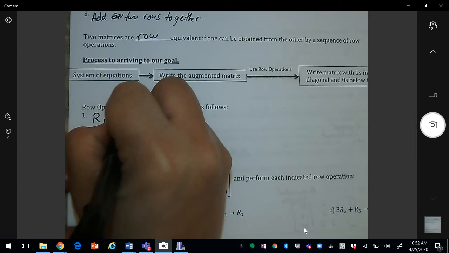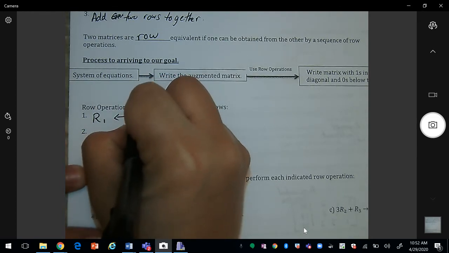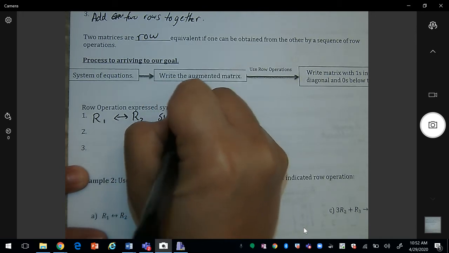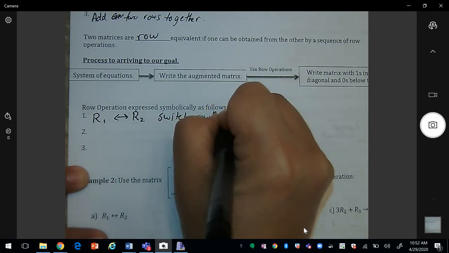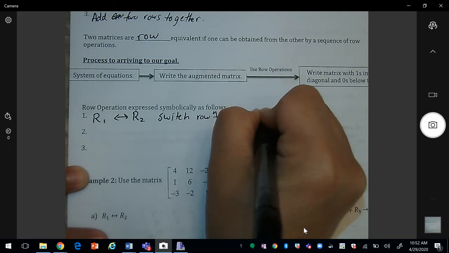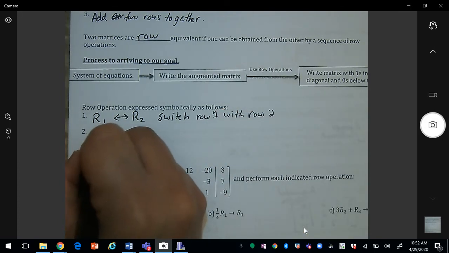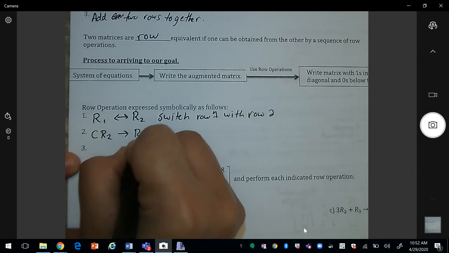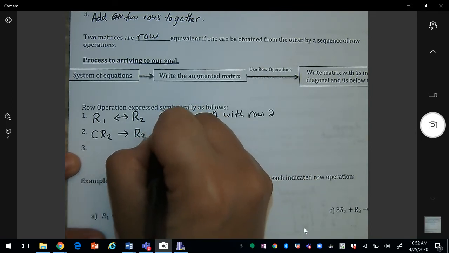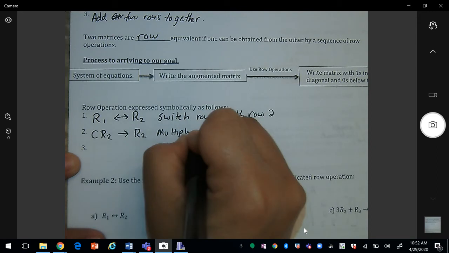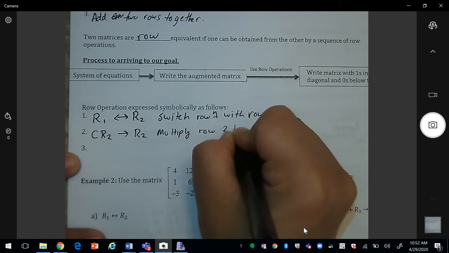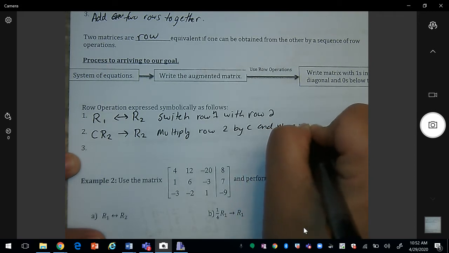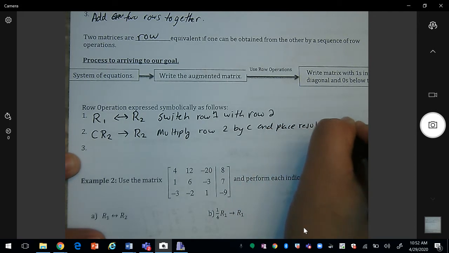If you see this symbol here, R1 double arrow R2, this just means switch row 1 with row 2. If we see CR2 with 1 arrow pointing to R2, this means multiply row 2 by C and place results in row 2.